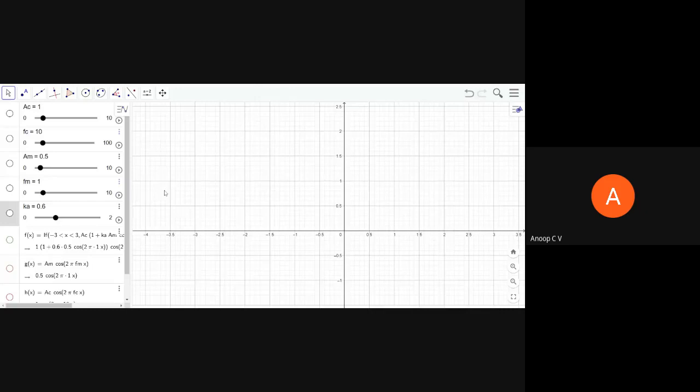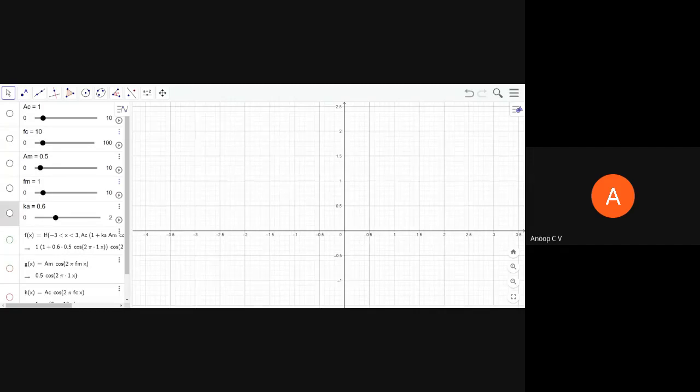GeoGebra is actually a Google applet which we can use to visualize various mathematical functions. What I want to show now is, in standard amplitude modulation, as per the definition, a standard AM modulates the amplitude of a carrier around a mean value linearly with respect to the message signal.